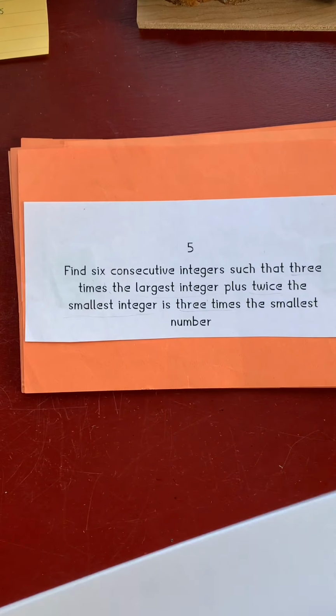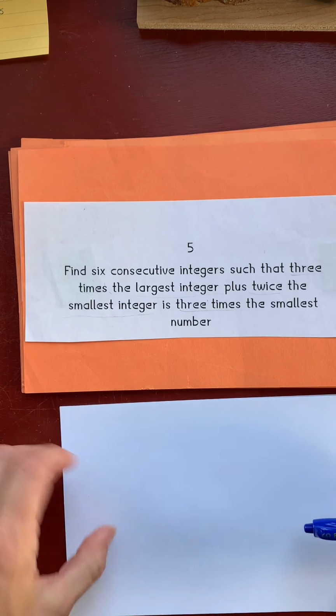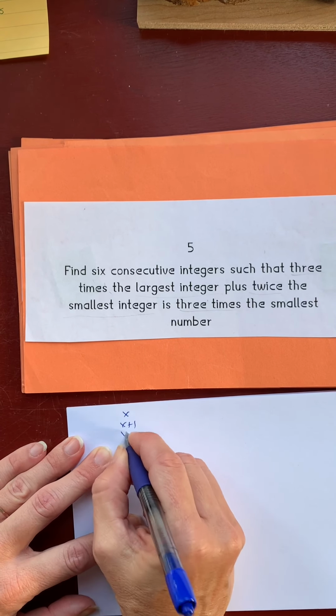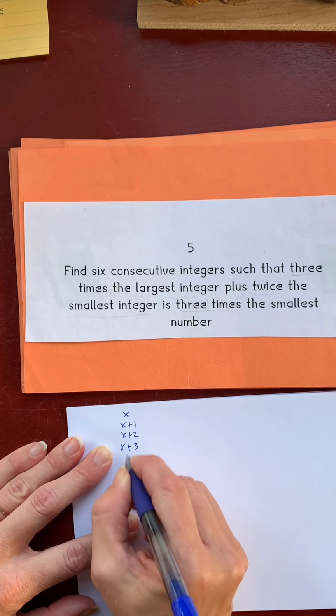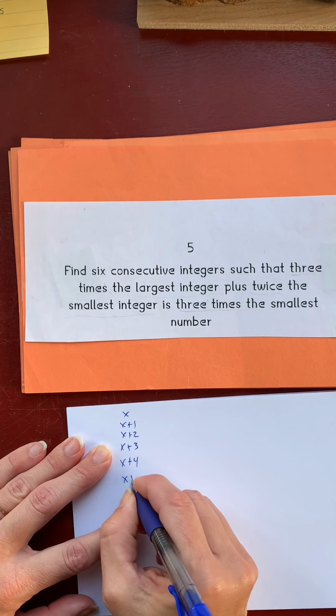Oh man, try this one. Pause, come back. Find 6 consecutive integers. So x, x plus 1, x plus 2, x plus 3, x plus 4, one more, x plus 5.